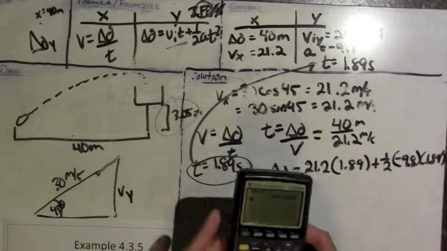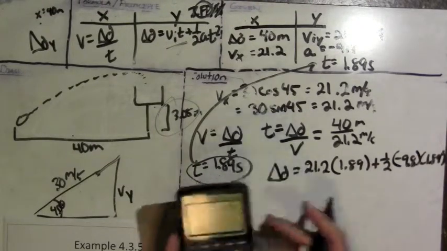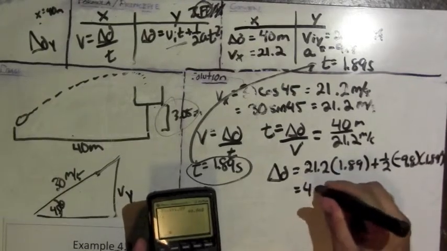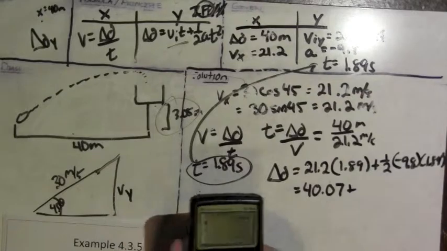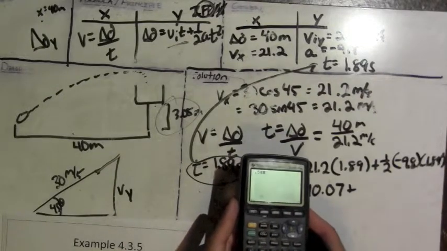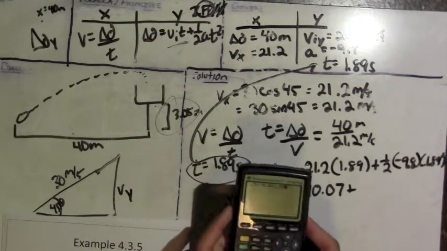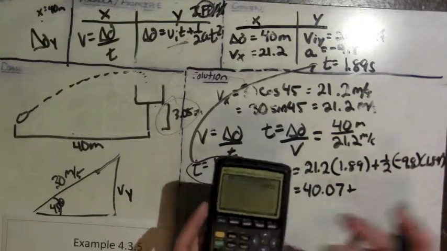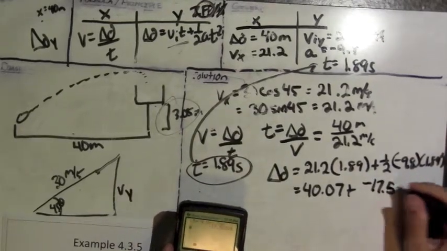So now we're going to simplify this. 21.2 times 1.89 is going to be 40.07, and then on the other side we're going to have 0.5 times negative 9.8 times 1.89 squared. When you do that, you actually get negative 17.5.